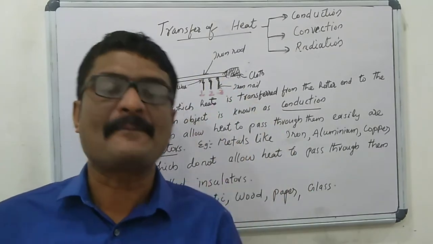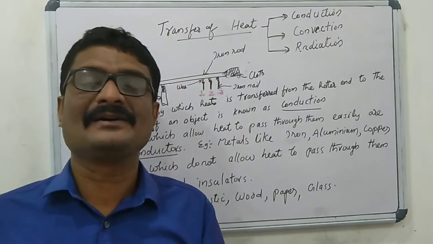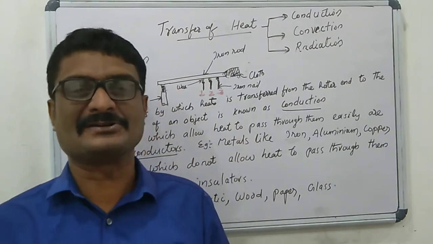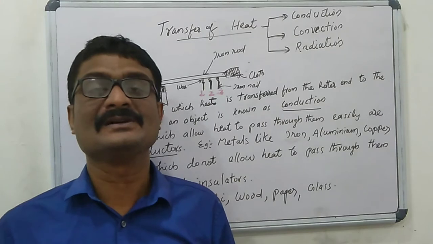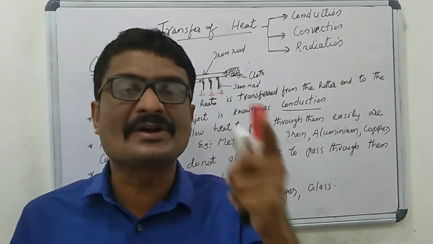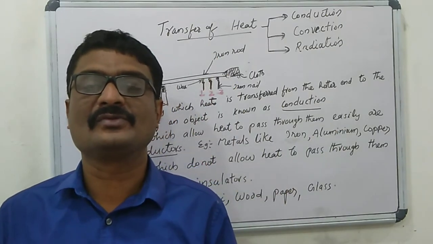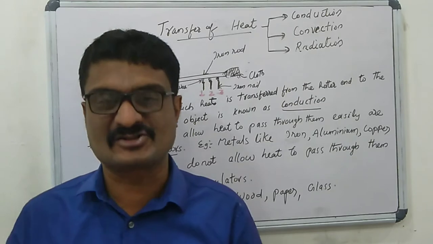Glass, paper, plastic, wood, etc. are some examples of insulators. That is why the handles of cooking vessels are made of these materials.